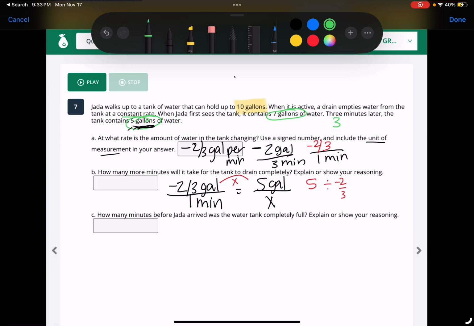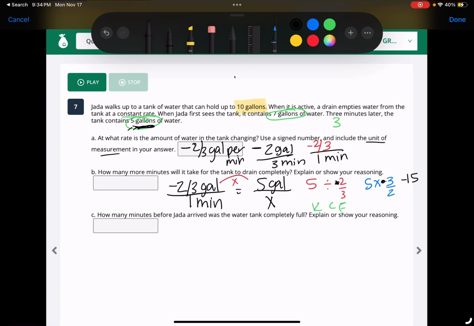And whenever you're dividing by a fraction, you can use keep, change, flip. That would be 5 times negative 3/2. And 5 times 3 is 15, so it would be negative 15. And this is time, so we don't actually need that negative sign at all.